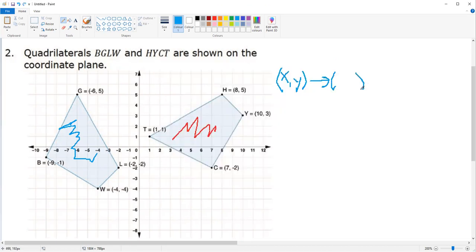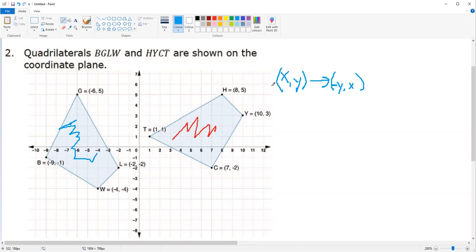Starts by swapping the x and y coordinates, and for counterclockwise rotations, put a negative sign in front of the y's, because they swapped the sign of the y's.